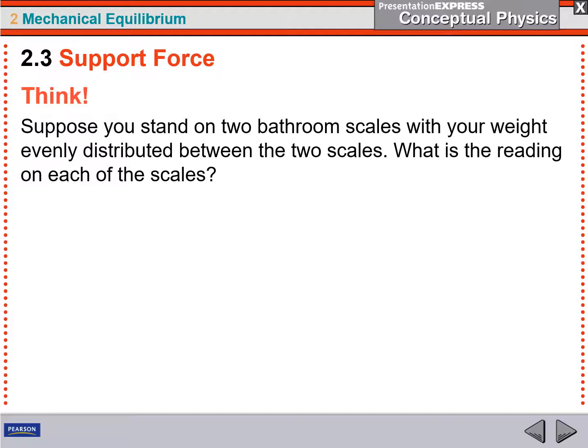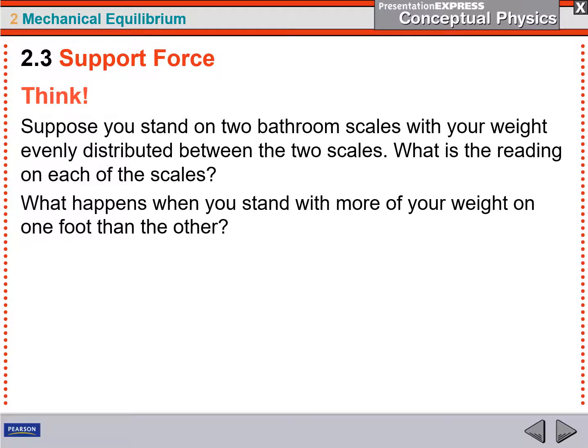Earlier, we had an example where a gymnast was hanging by 2 rings. What if we were standing on 2 scales? If you distribute your weight equally between the 2 scales, what do you think they would read? What if you now leaned over a little bit in one direction or the other? You'd be putting more of your weight on one foot than the other.